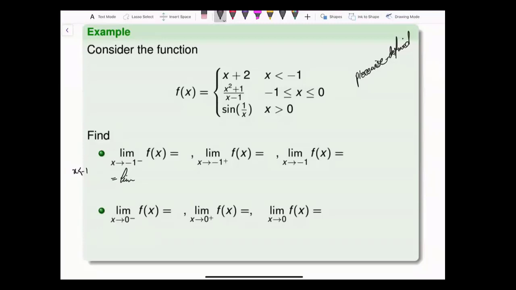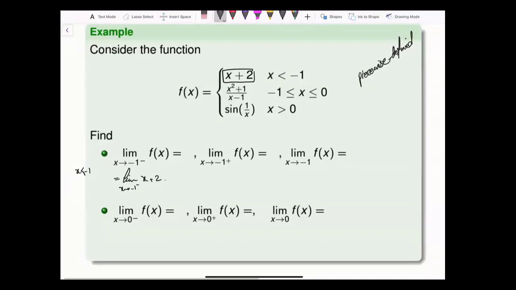On that part, the function is given by this equation here, x plus 2. So now you are trying to find the limit of x plus 2 as x approaches -1 from the left.